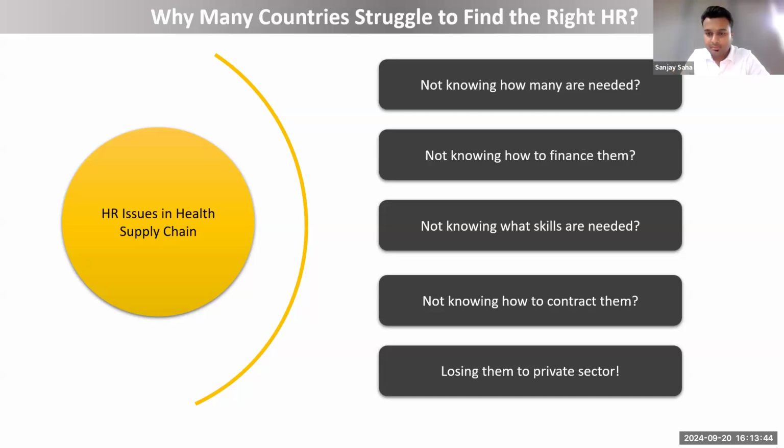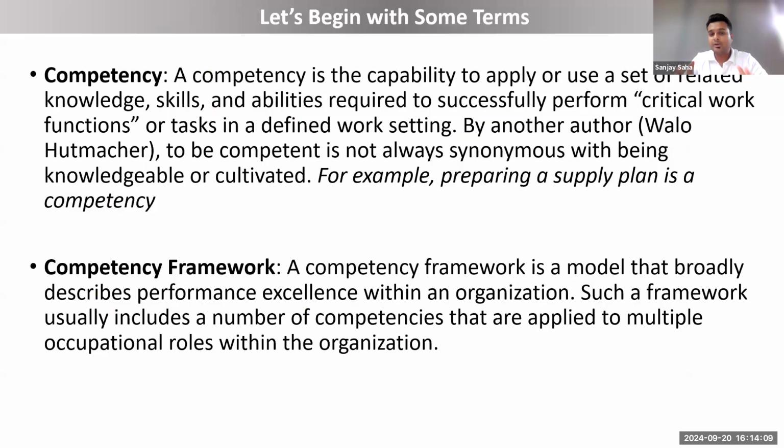So today, we're going to talk about one of the solutions which can help you understand what are the right skills that are needed for supply chain, and how can you continuously improve on those skills as an organization. Today, we are going to talk about competency frameworks. So this was a basic context which I wanted to give you before I introduced competency frameworks.